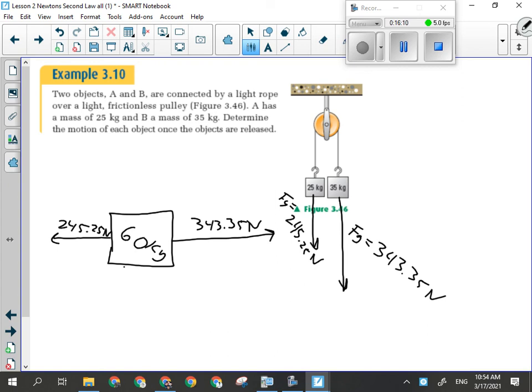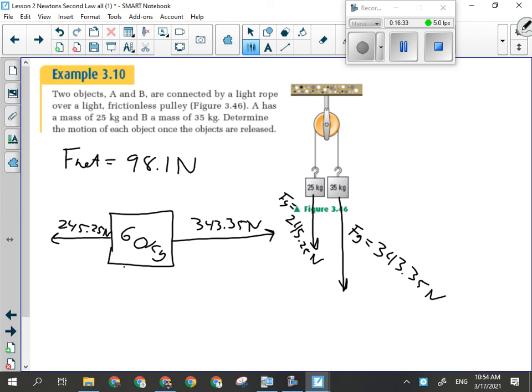All right, can I calculate my net force? Yeah. Yep. Okay, so F net's going to be 343.35 minus 245.25 for 98.1 newtons. Right, so my net force will be 98.1 newtons this way, okay, towards the 35 kilogram mass.